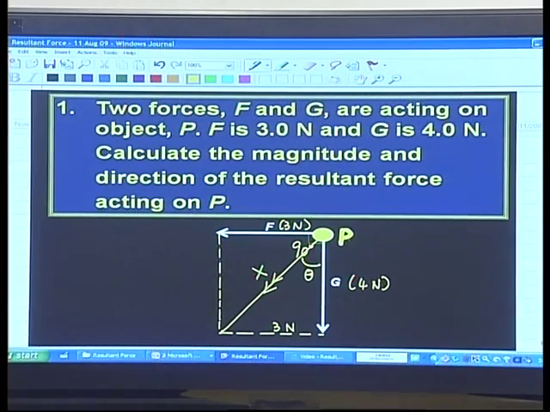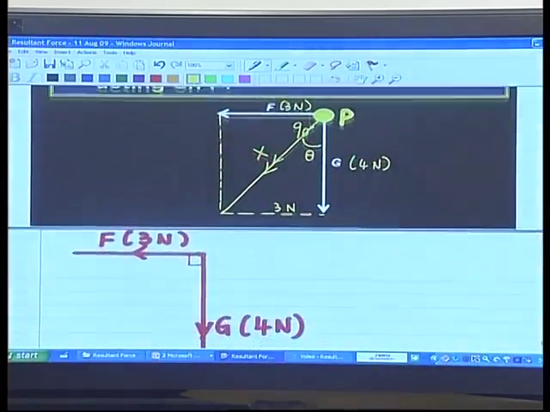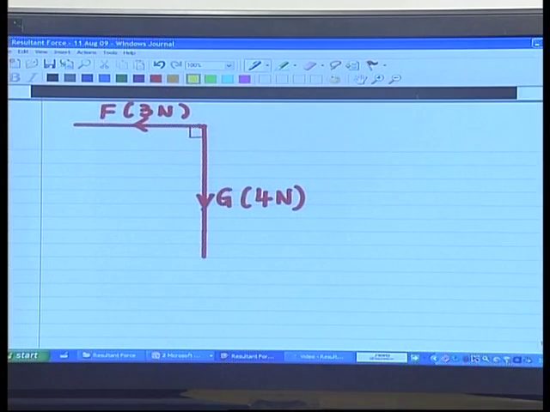We need to calculate what is the angle, the direction. The first thing that we need to do is, let's go to the diagram and see how we calculate X. Because we have already understood the concept, what we need to do is complete this rectangle.